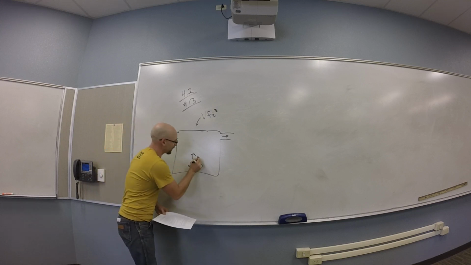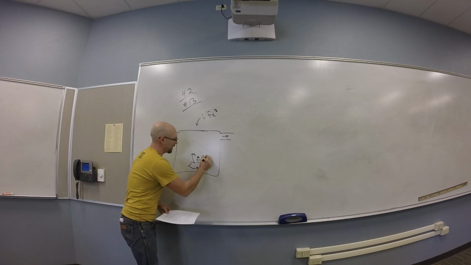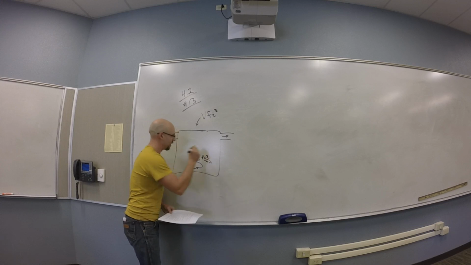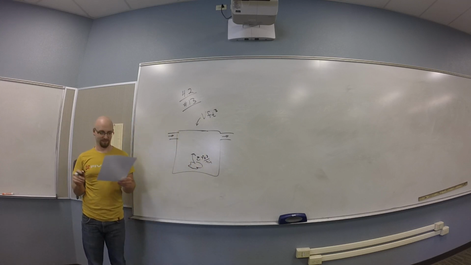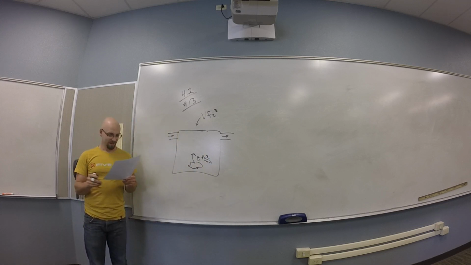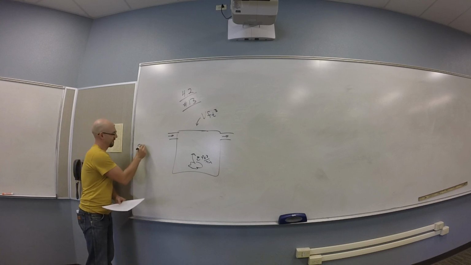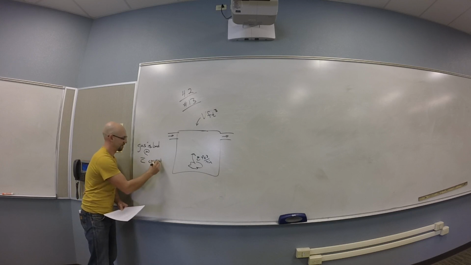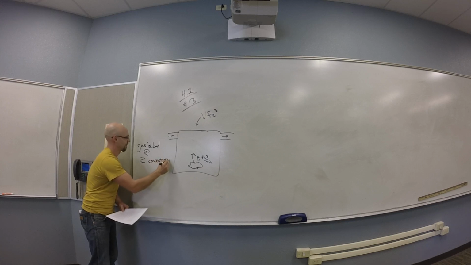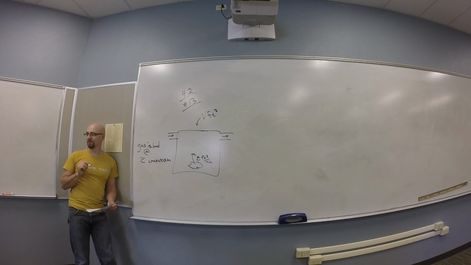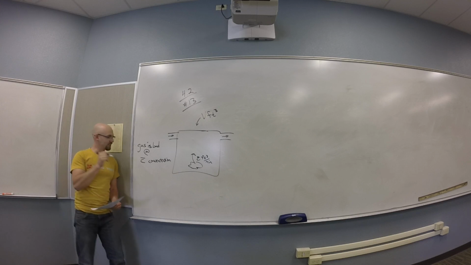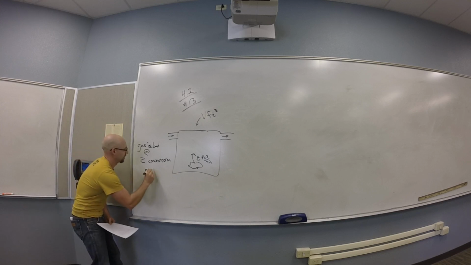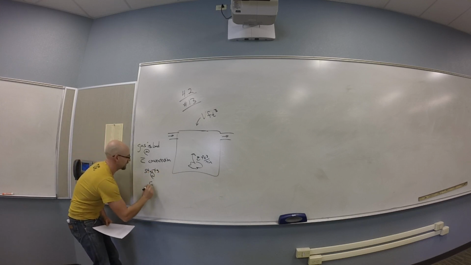This thing is producing Q1 cubic feet per minute of gas. The gas is bad at C bar concentration. And it starts at C naught.